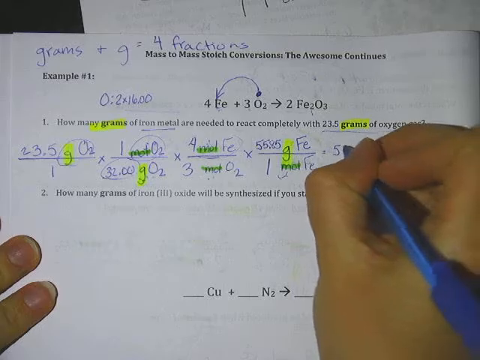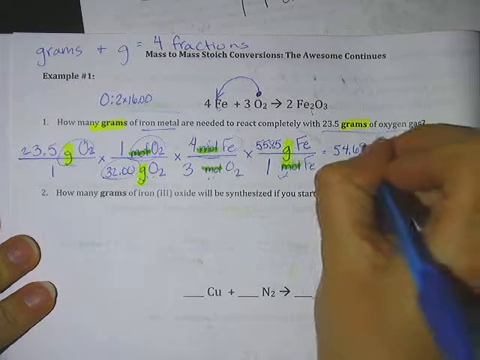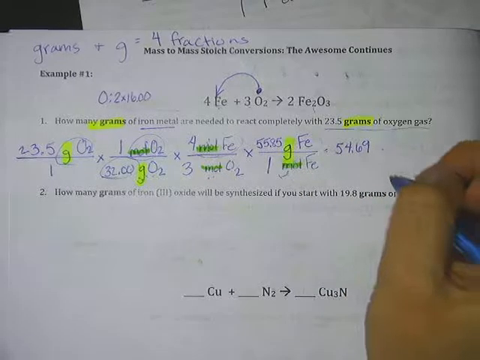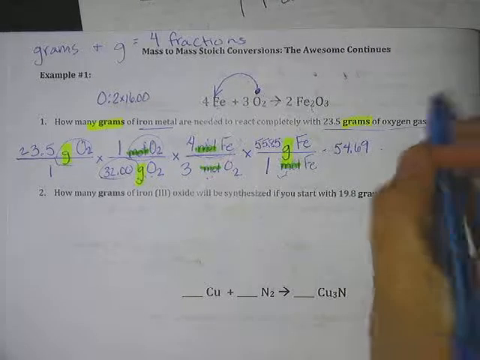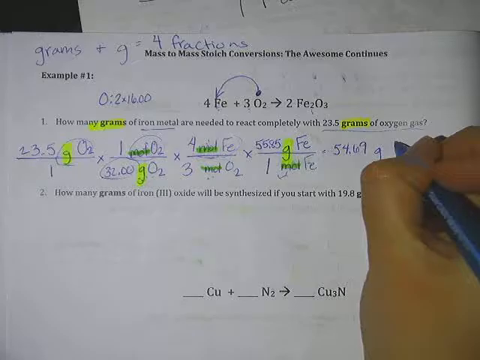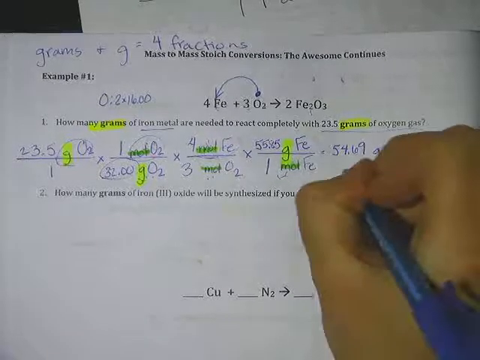And you get 54.69. And what should I label this number? That's my answer. Grams of what? Iron. Beautiful.